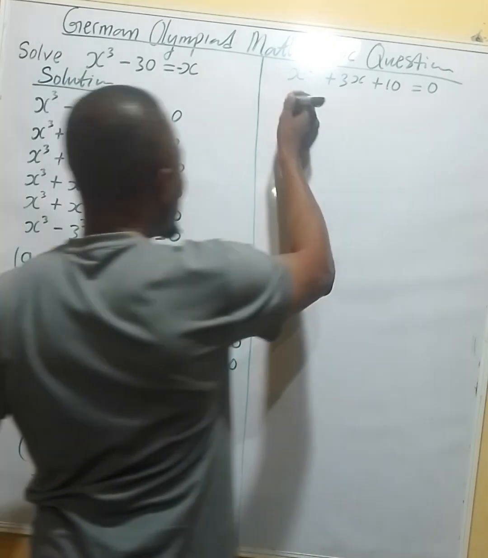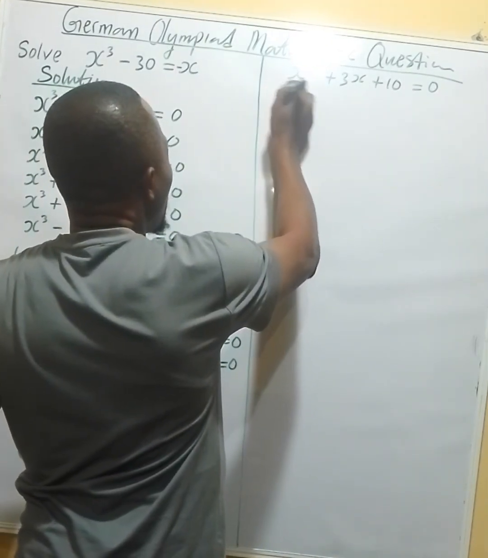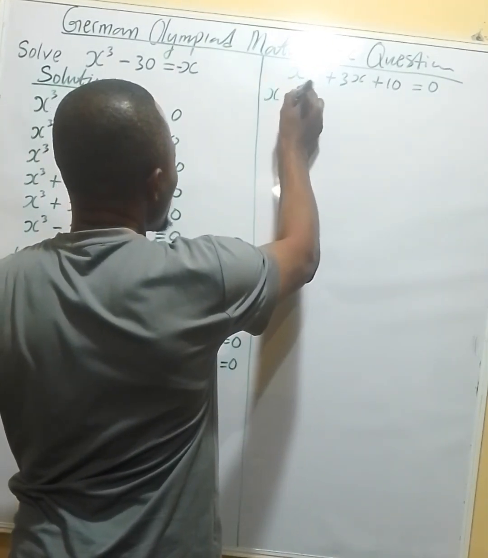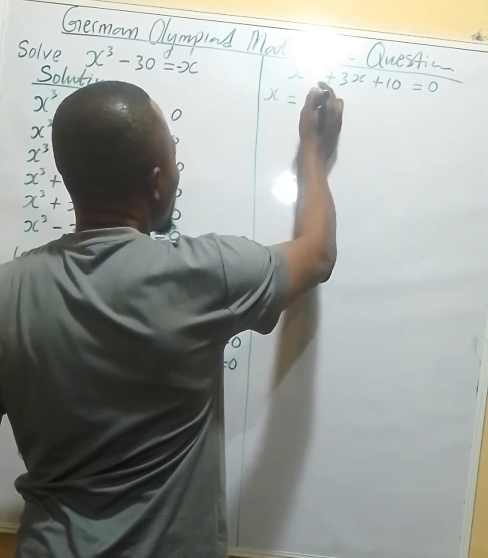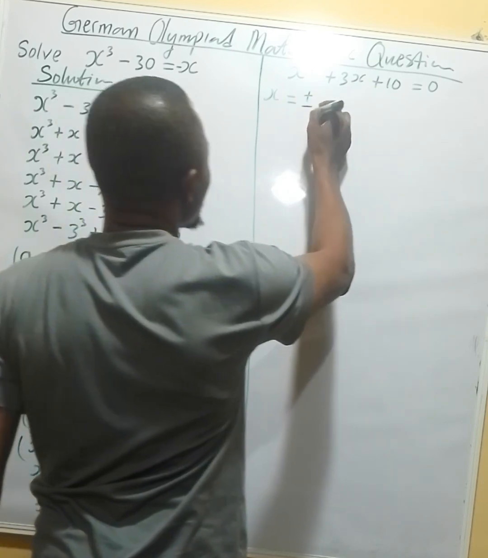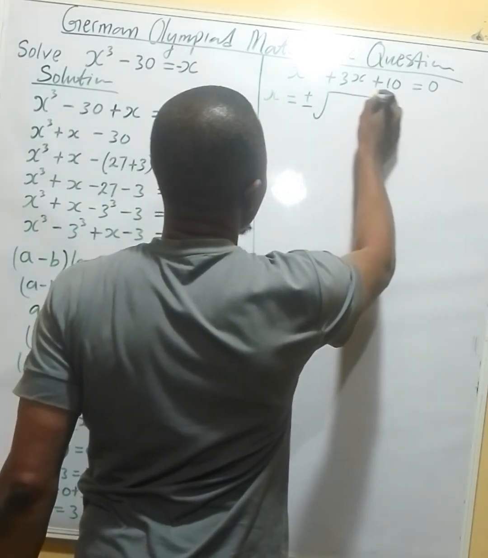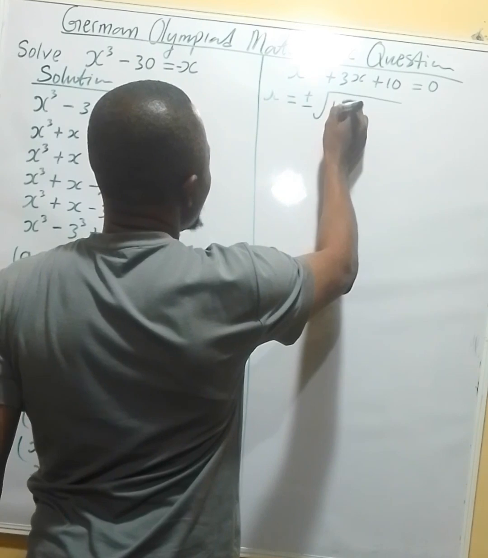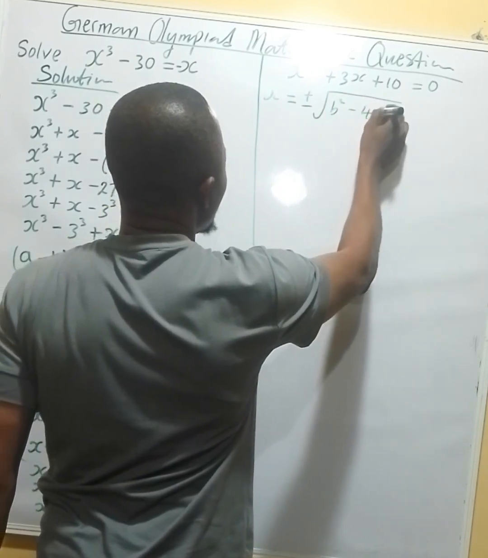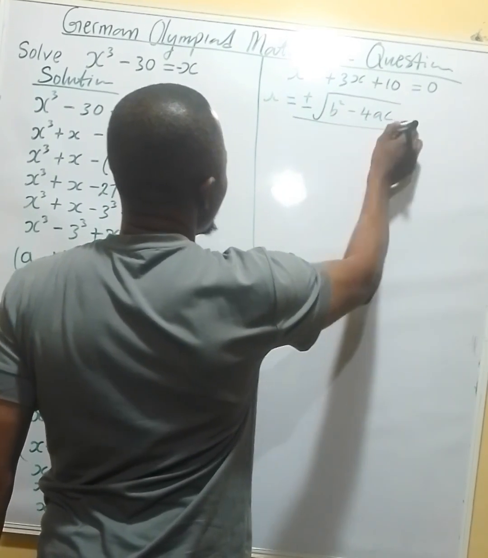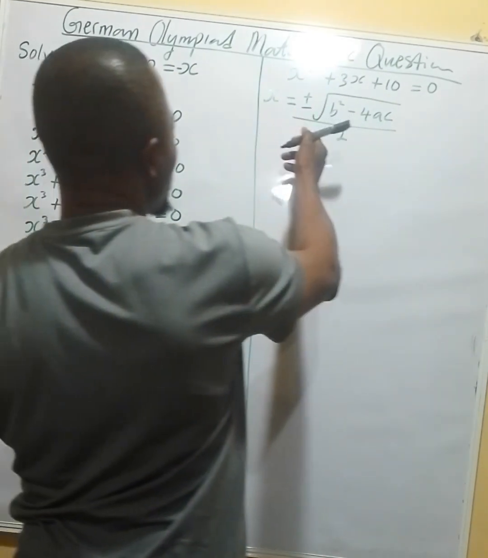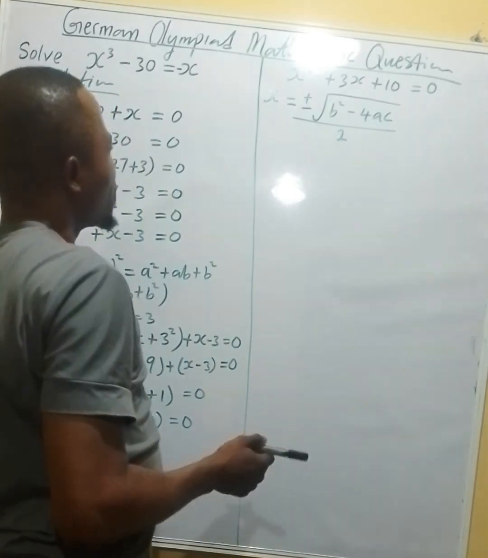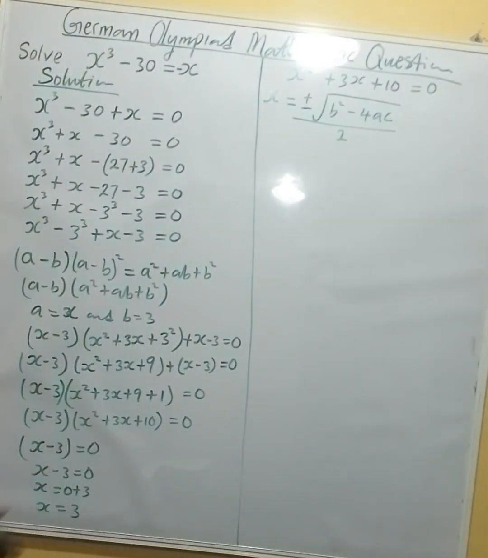So the quadratic formula says x equals to plus or minus square root of b squared minus 4ac, everything over 2a.